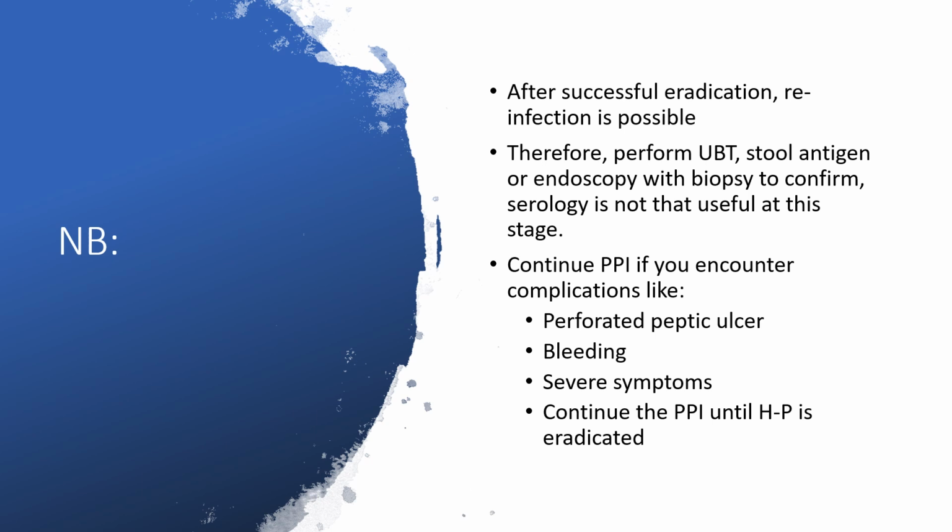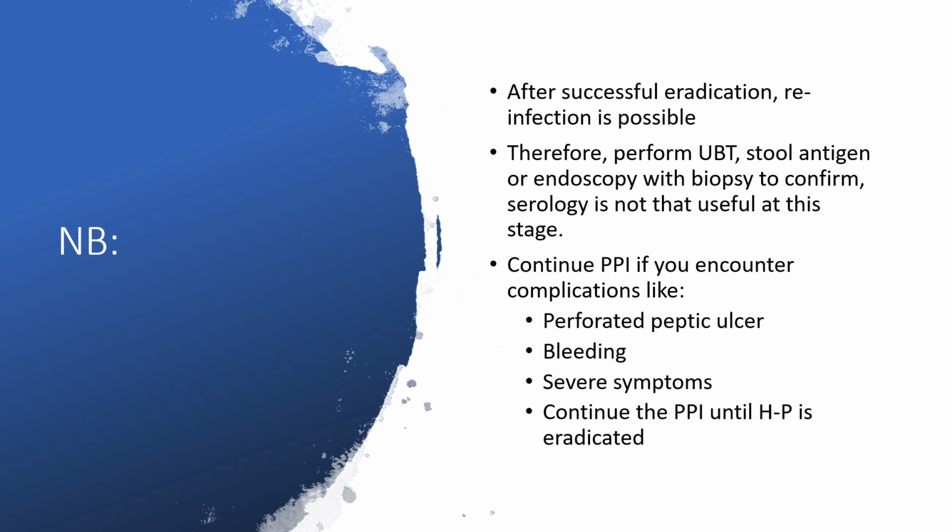Continue proton pump inhibitor if you encounter complications like perforated peptic ulcer. There's peptic ulcer disease, the intestine is already perforated. Please continue proton pump inhibitor while you invite the surgeon for intervention.